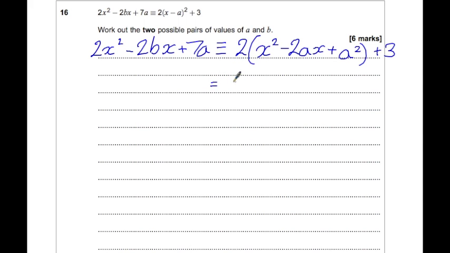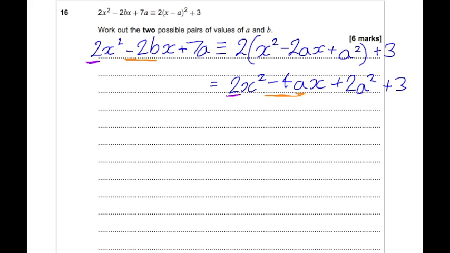So again, we've got 2x squared minus 4ax plus 2a squared plus 3. So now let's think about the number of x squareds, the number of x's and the constants we've got on each side. So we can see we've got 2x squared on this side, 2x squared on this side. That doesn't really help us much. We can see we've got minus 2bx on the left and minus 4ax on the right.